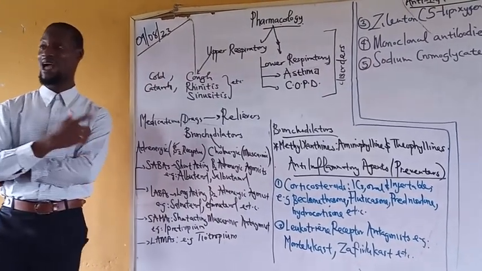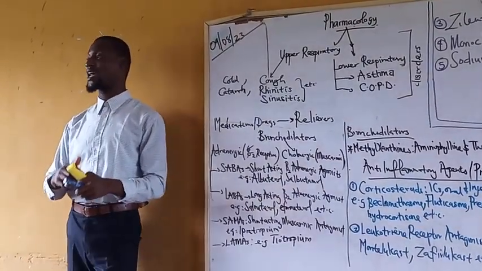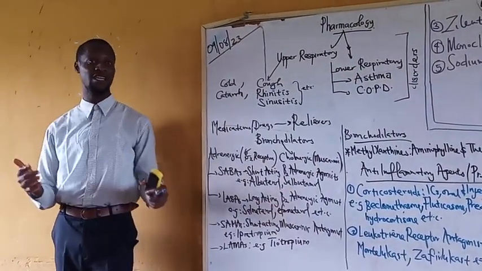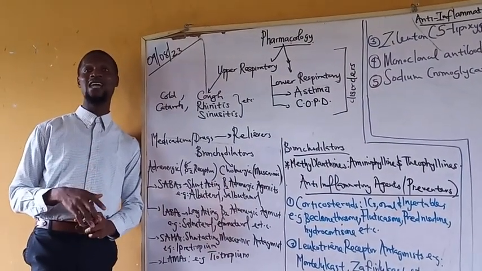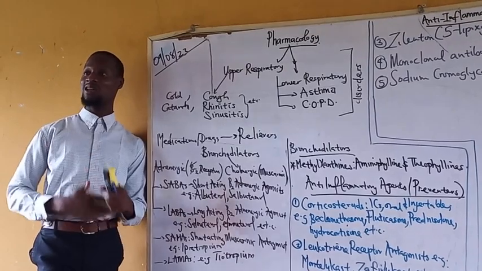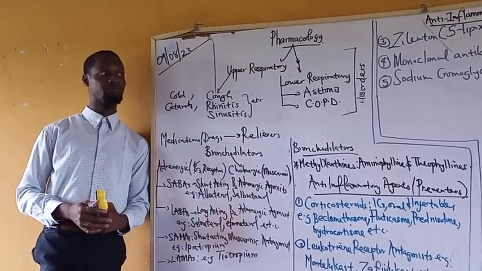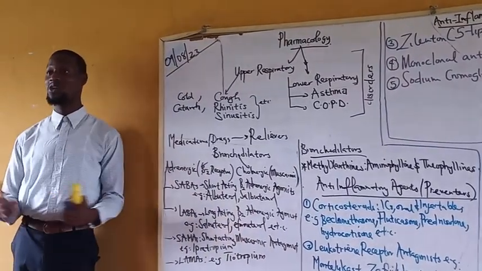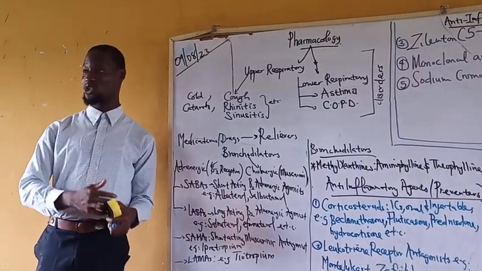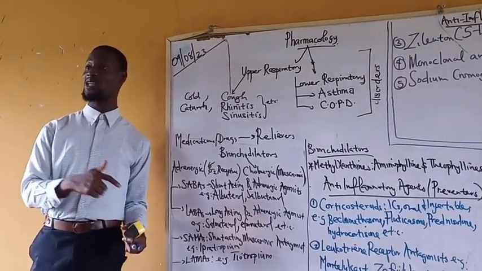Because one of the things that happen in the cascade of events in an asthmatic attack is bronchoconstriction. So you want to give a bronchodilator to quickly bring relief, to stop the patient from dying from the lack of oxygen. So you want to give a bronchodilator to reverse bronchospasm and bring about bronchodilation.